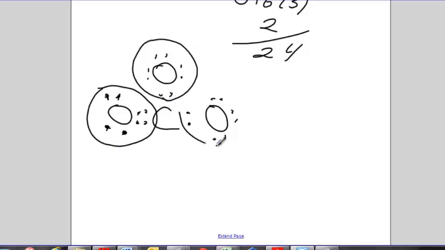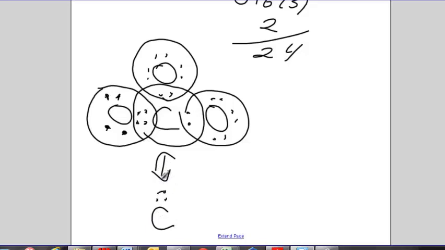Everybody's got 8. Everybody's happy. And that works. But there's nothing that makes this oxygen different from this one or this one. So this double bond here is just as likely to be on this oxygen or this oxygen as it is on this oxygen. So I have to draw all 3 structures.